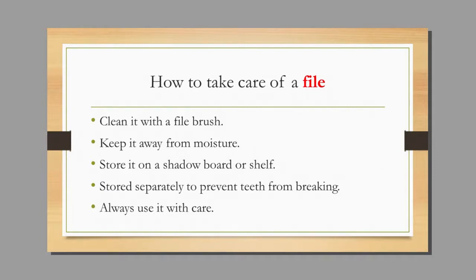You can sometimes use the steel brush, or what is called a wire brush, and then keep it away from moisture, because it's going to rust. And also store it in a shadow board or any shelf in a storeroom, and make sure that you don't mix it with any other tools, because those teeth are going to be damaged, and then it's not going to be effective when you use it.